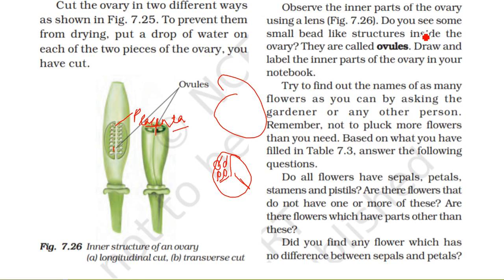So once the fertilization takes place, your ovules develop into seeds and your ovary develops into fruit. For example, mango has only one ovule at the center, which develops into the seed, and the yellow sweet part, or you can say the soft part that we eat, is the wall of the ovary.